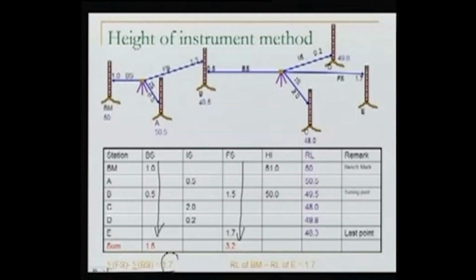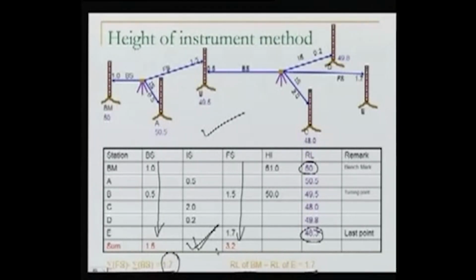The difference is 1.7. Why should it be 1.7? You can see it from the figure, as well as because the difference between the RL of the first point, the benchmark, and the RL of the last point is also 1.7. So this check is checking the accuracy of your computations, whether you have done the computations properly or not.